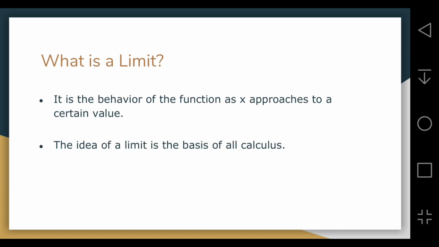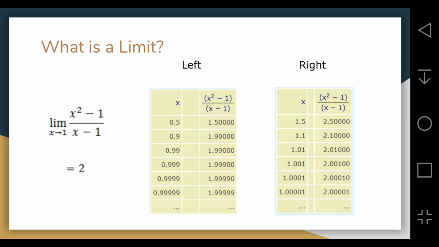What is a limit? It is the behavior of the function as x approaches a certain value. The idea of a limit is the basis of all calculus. If we were to find the limit of (x squared minus 1) all over (x minus 1) as x approaches 1, we would have to find the value that y approaches as x goes closer and closer to 1.